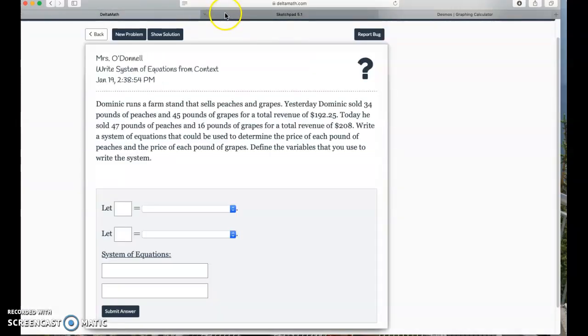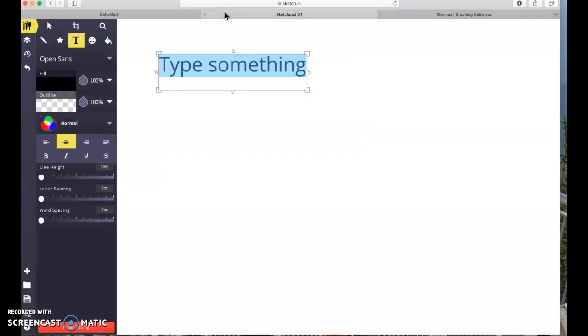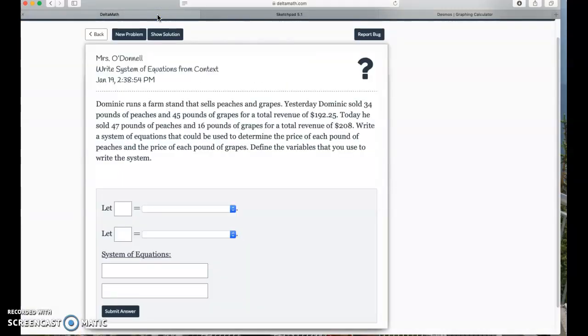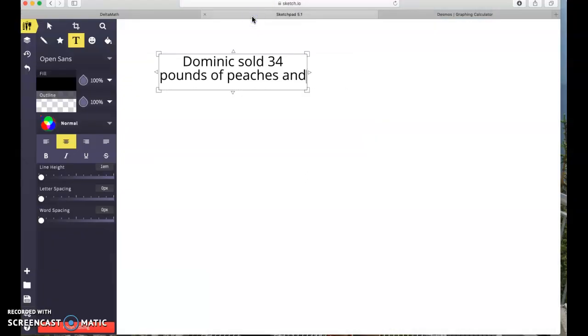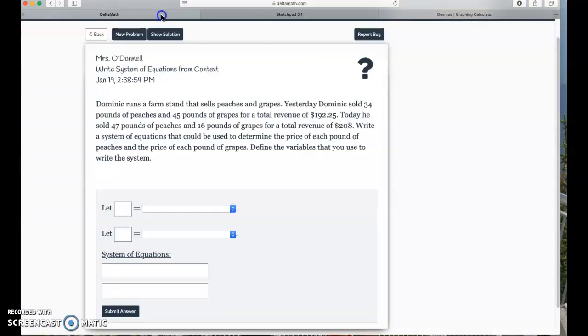Dominic sold 34 pounds of peaches, 45 pounds of grapes for a total revenue of $192.25.